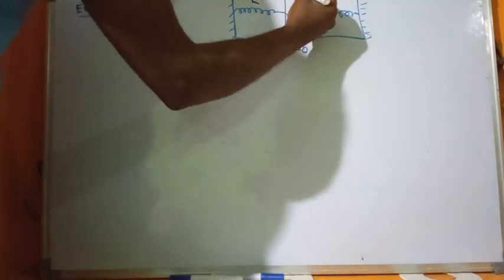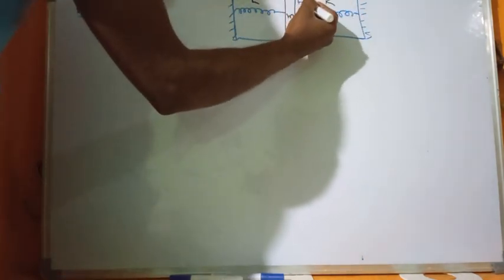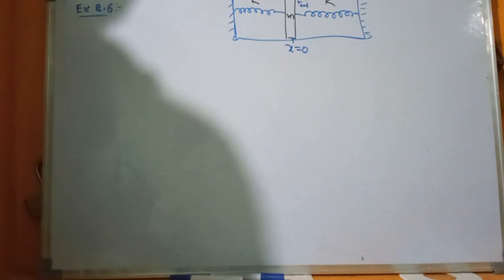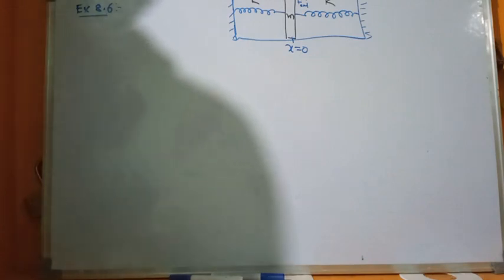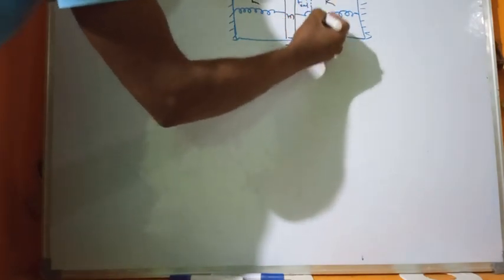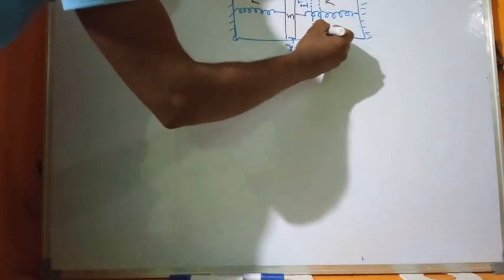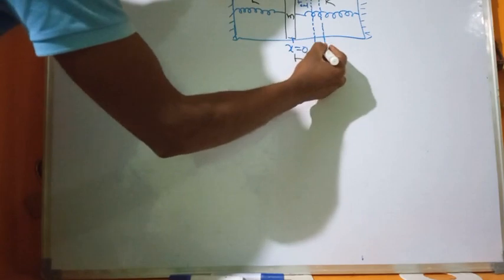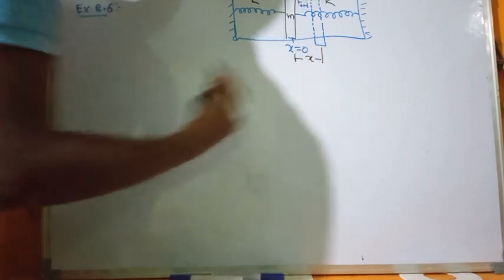After applying that force, the block has moved up to here, displaced towards the right. The displacement from here to here is equal to x.